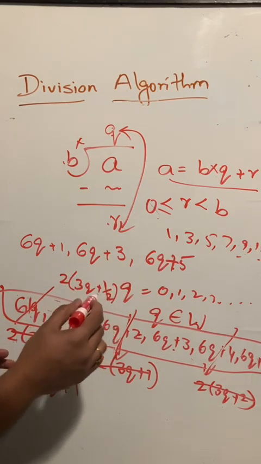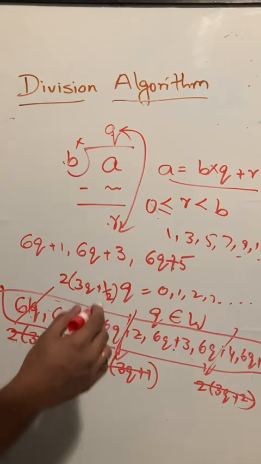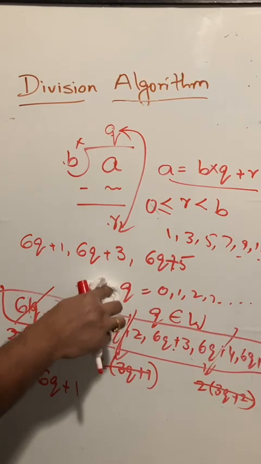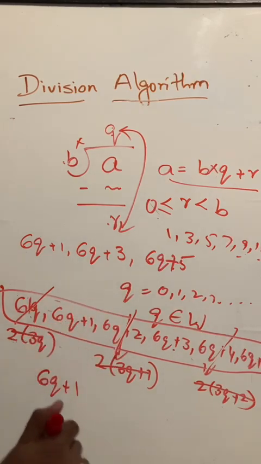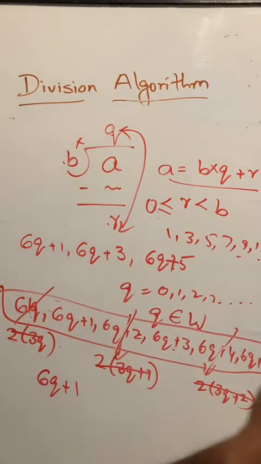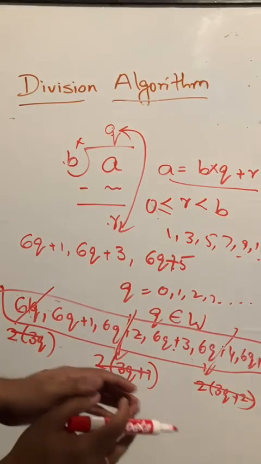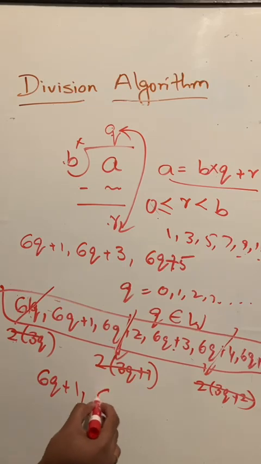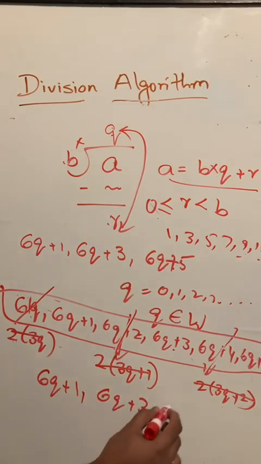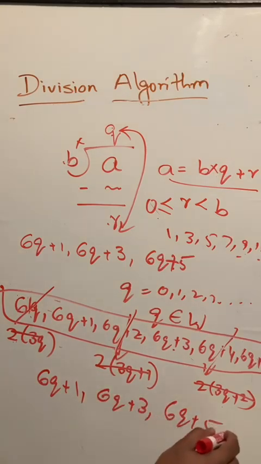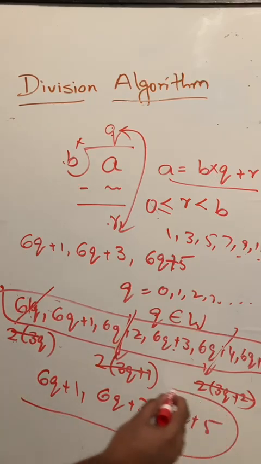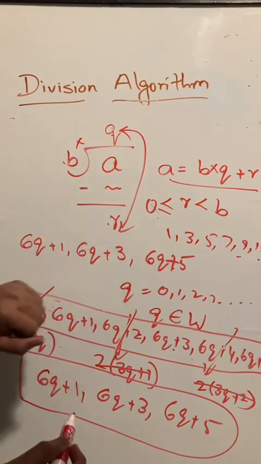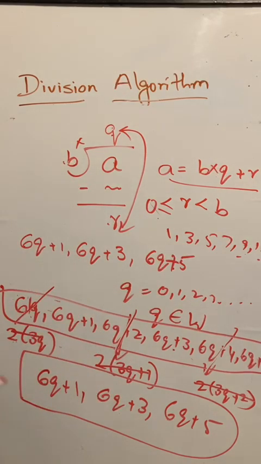Because I want an integer, not a rational number here. So I took the whole numbers and cut the even numbers. The remaining numbers represent odd numbers. What are they? 6q plus 1, 6q plus 3, 6q plus 5. Hence, these represent any odd number. So, any confusion?